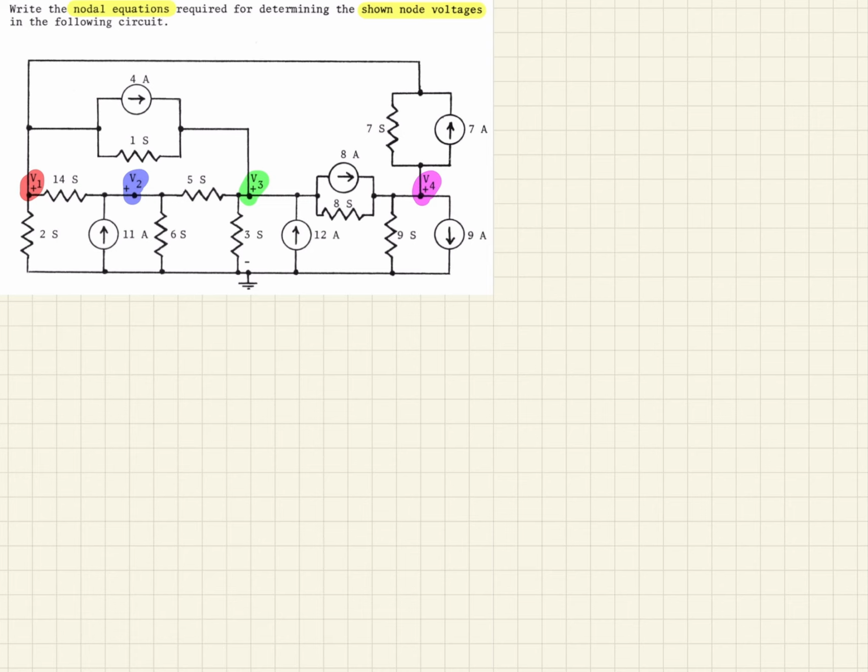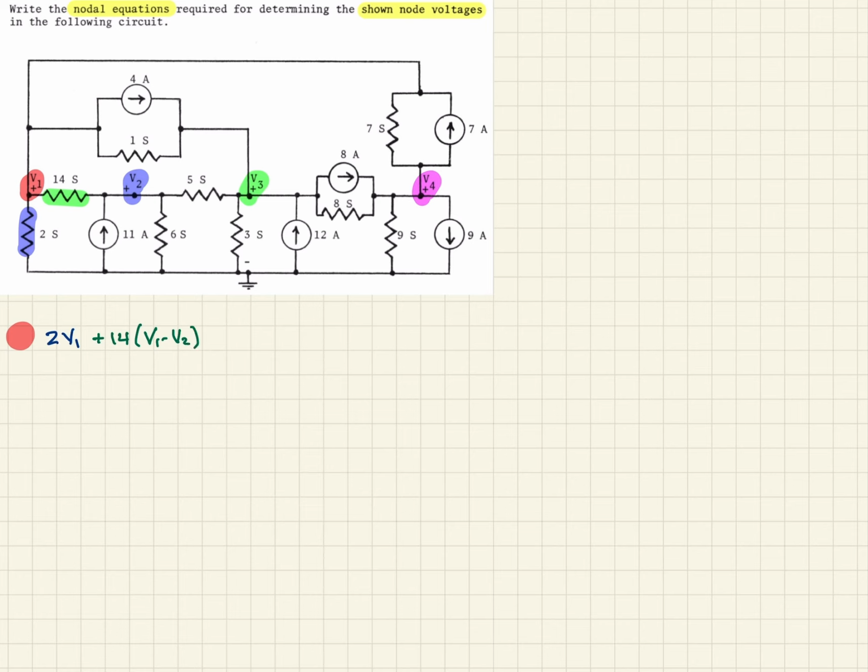So if we start with our nodal analysis here, we'll start with V1, which is the red node. And as we come around here, we see we have 2, and notice these are in Siemens, not in ohms, so it's conductivity, not resistivity. So that being the case, we just multiply instead of divide when we apply Ohm's law. So this then will be 2V1, and as we move around to the 14, then that one will be plus 14 times the difference in the voltages, so V1 minus V2.